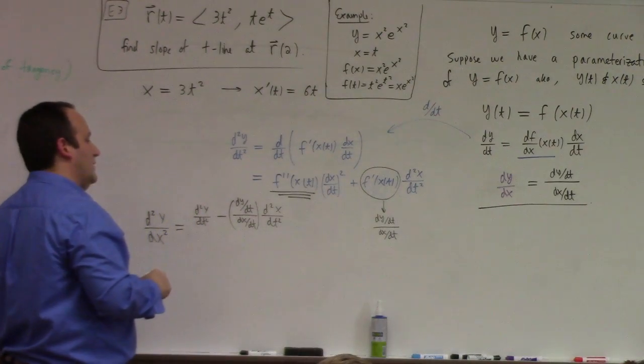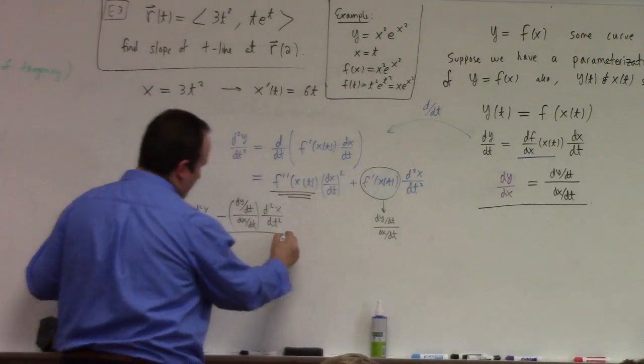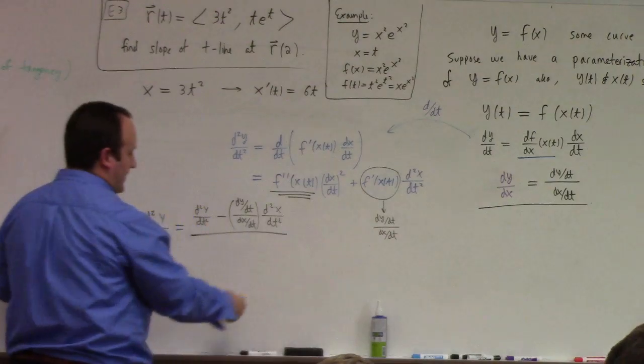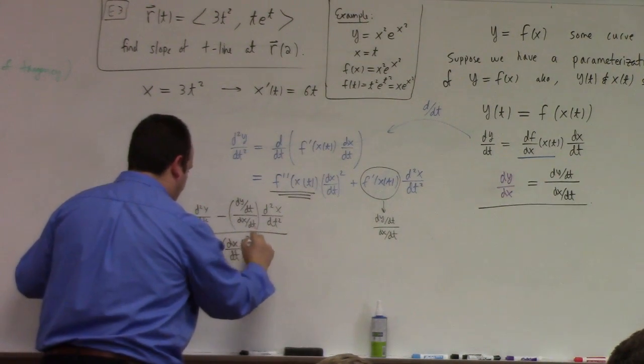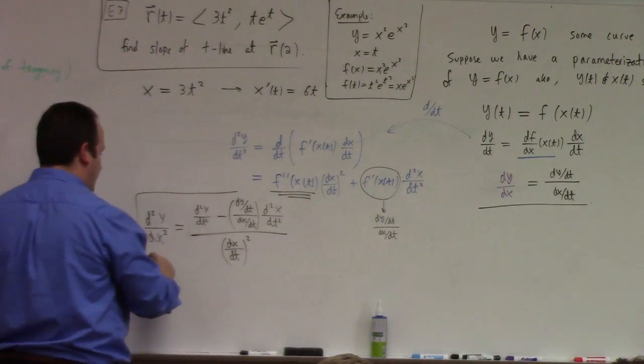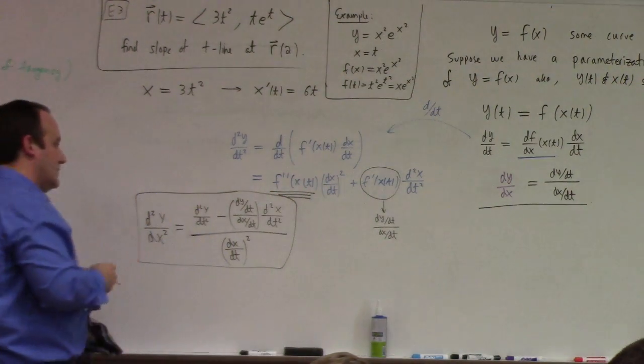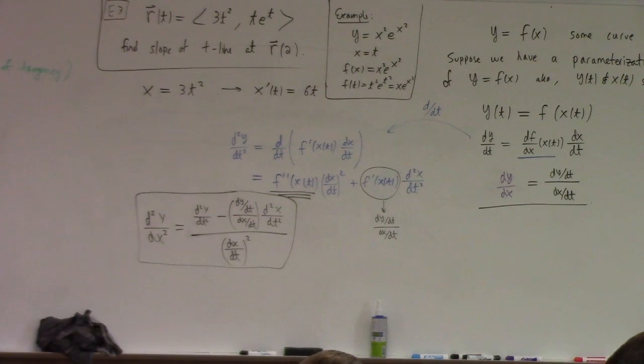All right? And then divide all of that by that guy. And there you go. That is the formula for the second derivative in terms of the time derivatives of the parametric formulas.